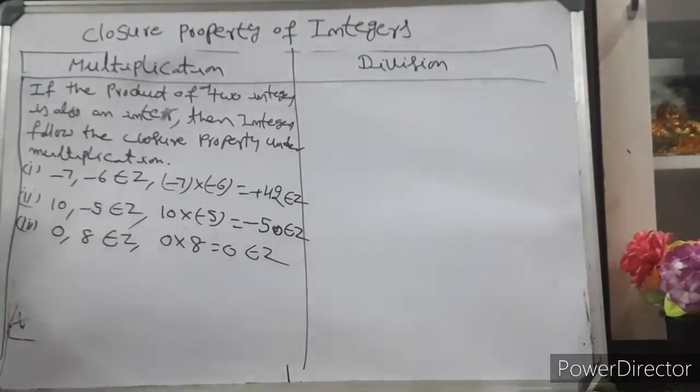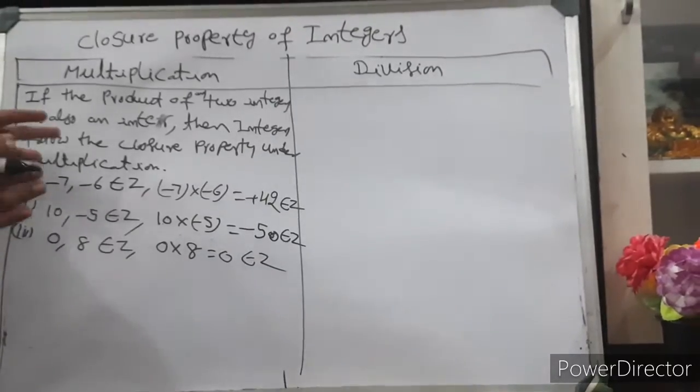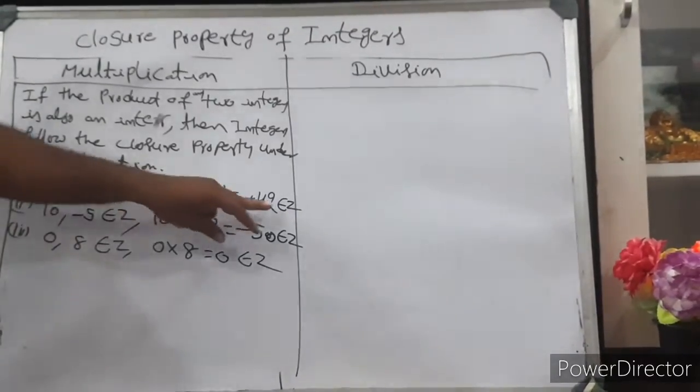That means if we take any two integers and multiply them, their product is also an integer.